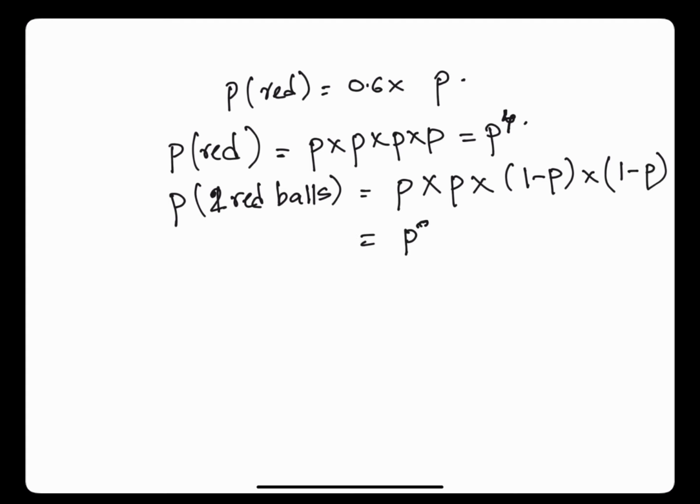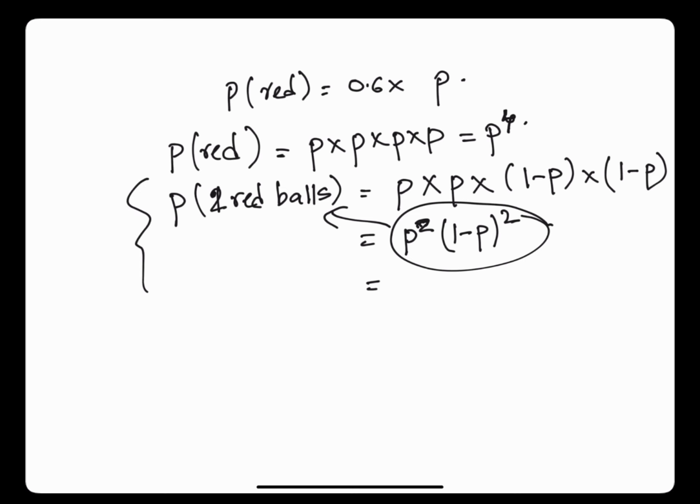But this combination is possible 6 times. I mean, six various combinations are possible for two red balls and two blue balls. So in that case, we just multiply it by 6 and we get 6 into p squared into (1 minus p) squared as the final answer.